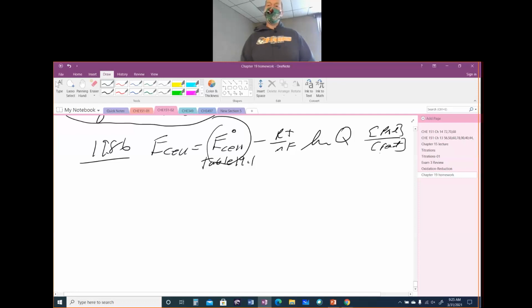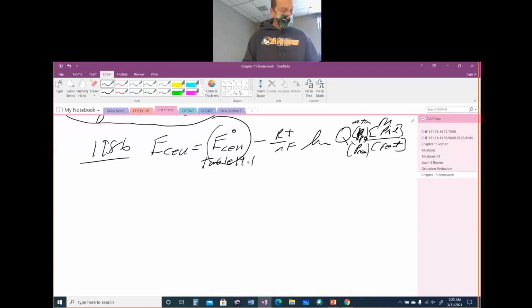But remember, if you have a gas, the gas has to be in atmospheres. So if you're given a gas, it's not concentration, it is pressure of your products and pressure of your reactants. That has to be in atmospheres, and concentrations always in molarity. So any gases in atmospheres, any concentrations in molarity.